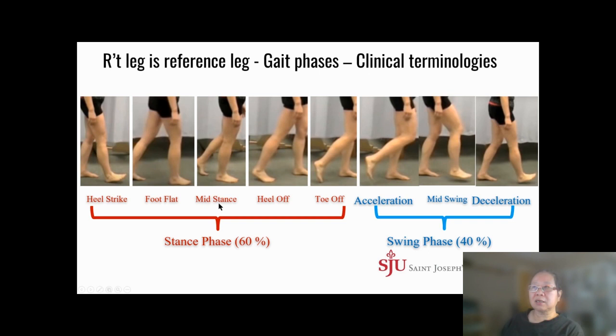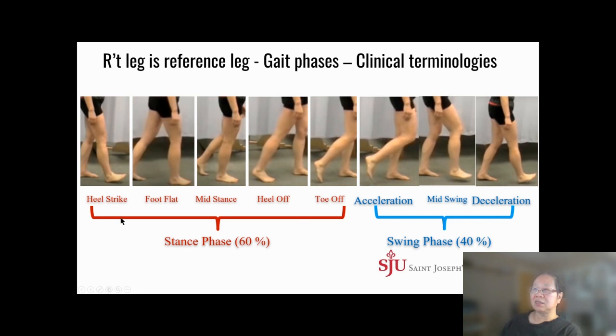And then, because the weight is transferred toward the right side, the right foot becomes flat. And then it's the middle of the stance. Then the right heel is off the ground, and then until the right foot is off the ground and goes into the swing phase.